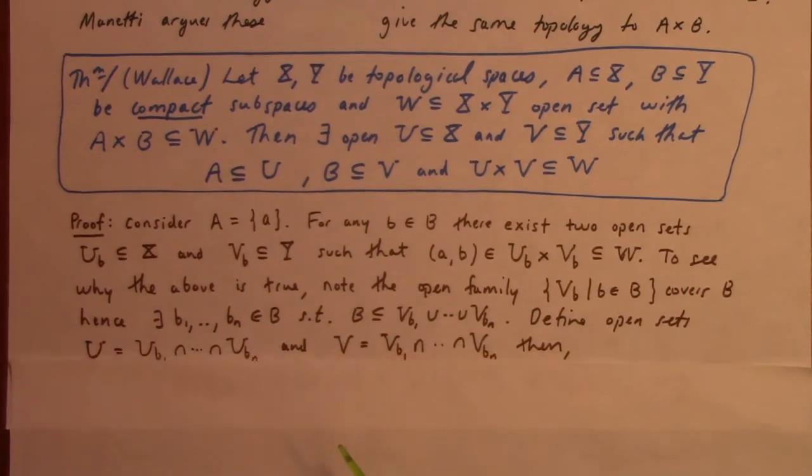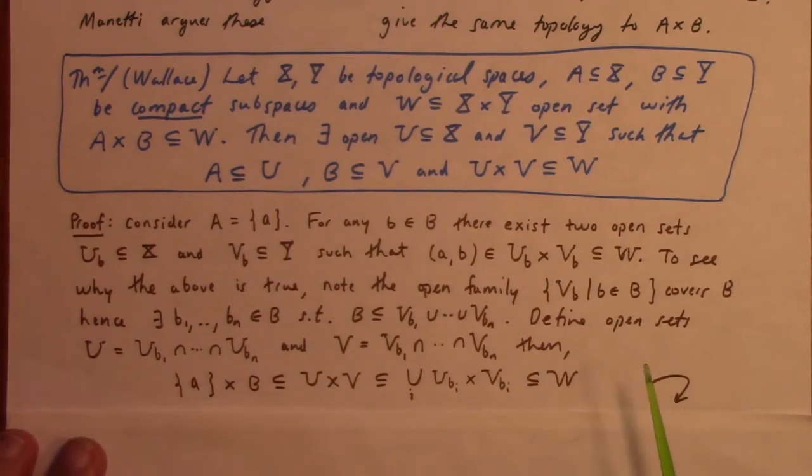And then we can define open sets by picking those ones and looking at U as the intersection of U_b1 through U_bn and V as the intersection of V_b1 through V_bn. Then we have that the singleton {a} cross B is a subset of this U cross V so constructed, and that is itself a subset of the union of the Cartesian products of U_bi and V_bi, which again is a subset of W.